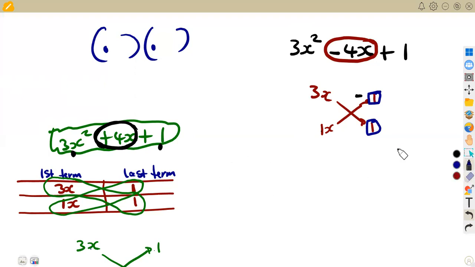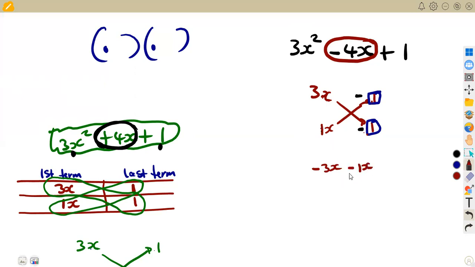Okay, let's put also a negative here and see what's going to happen. Let's multiply 3x times minus 1. You multiply diagonally like this, 3x times minus 1, it's minus 3x. 1x times minus 1, it's minus 1x, okay?